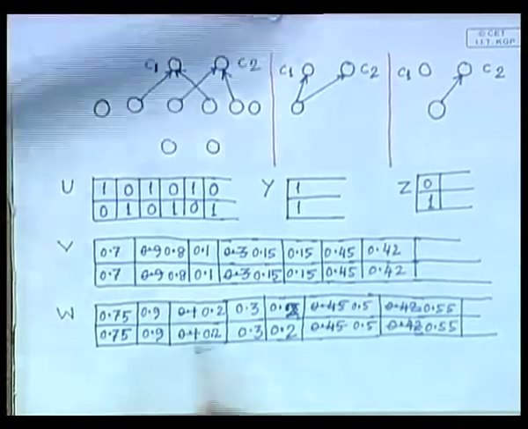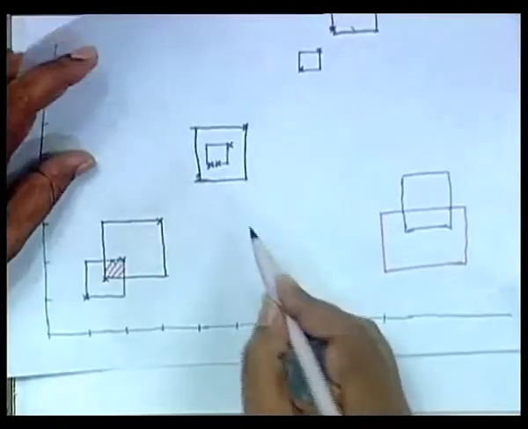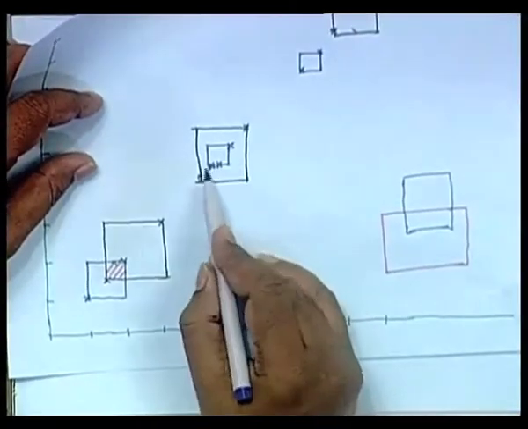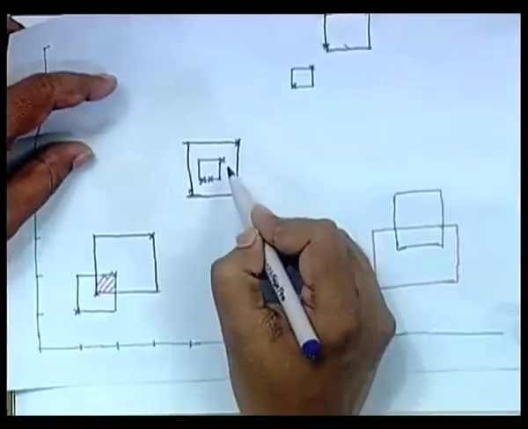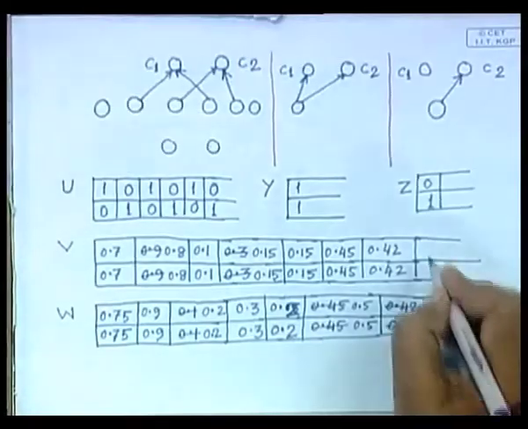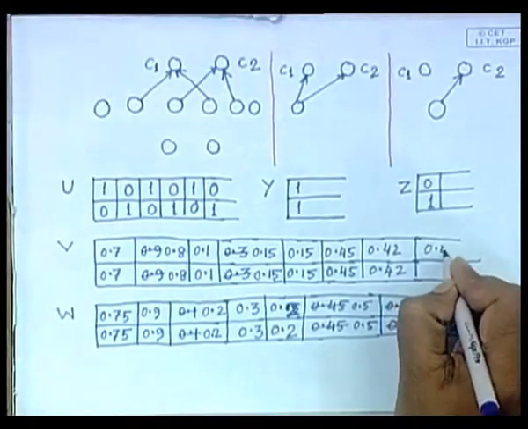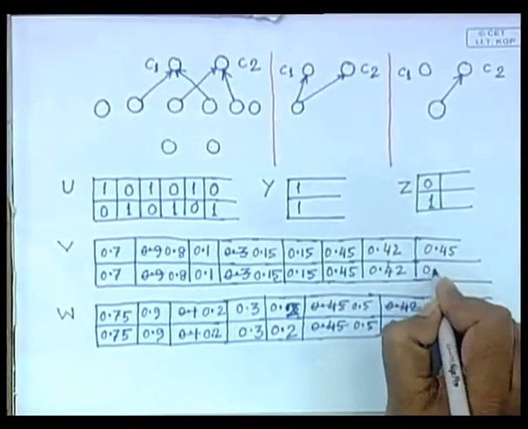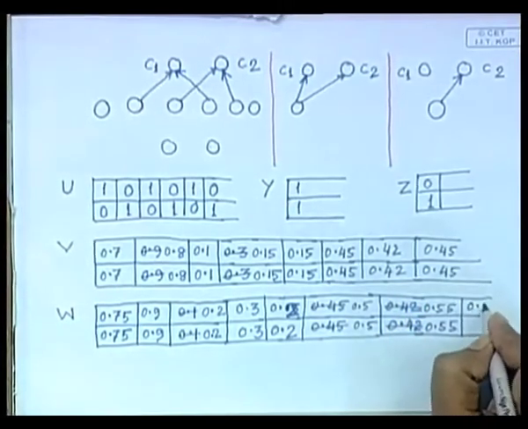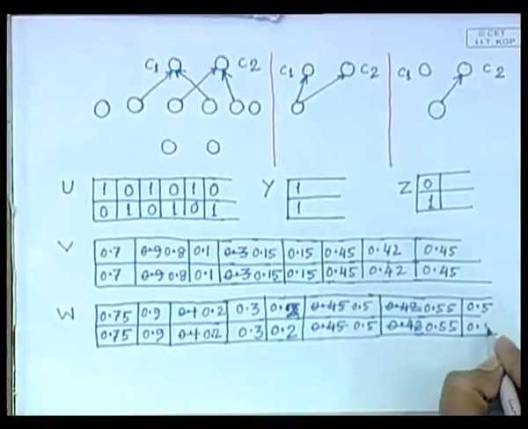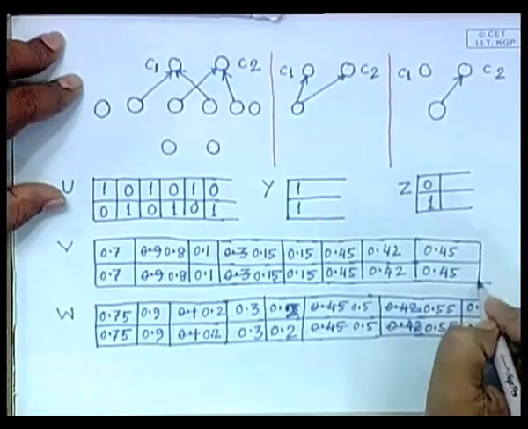For that, the min point and max point was 0.45 and 0.5, so I will have 0.45, 0.45 and here 0.5 and 0.5.